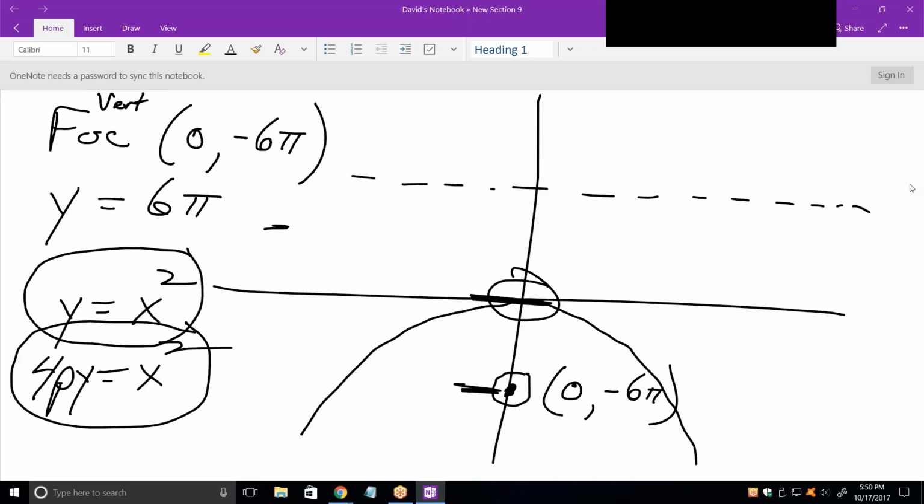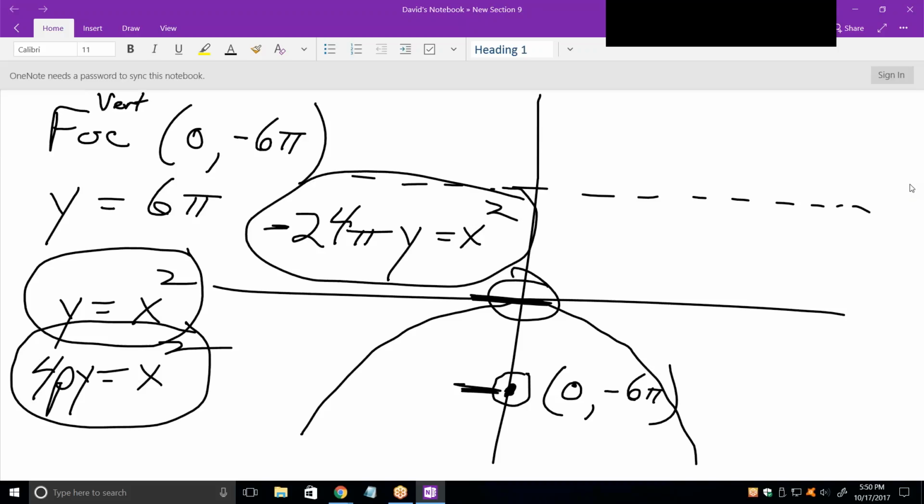So it's minus 24 pi times y equals x squared, which describes that exact parabola. I can see that p is negative, first of all. In other words, to get to p from the vertex, I have to go down. That's negative. That is 4p. P was minus 6 pi. 4 times it is minus 24 pi.